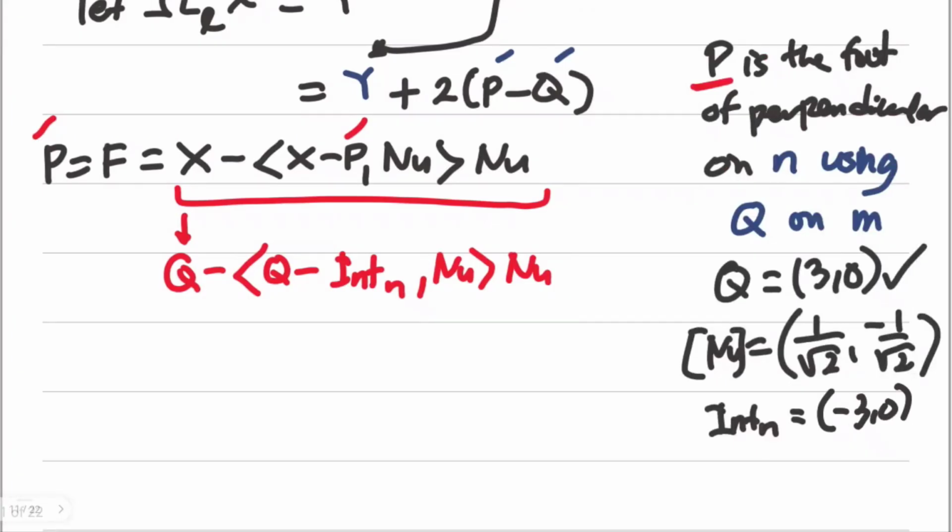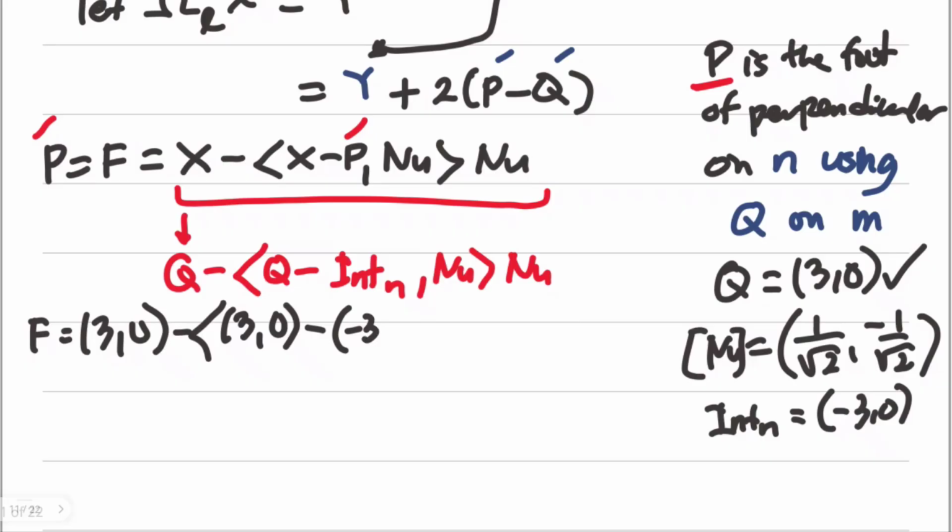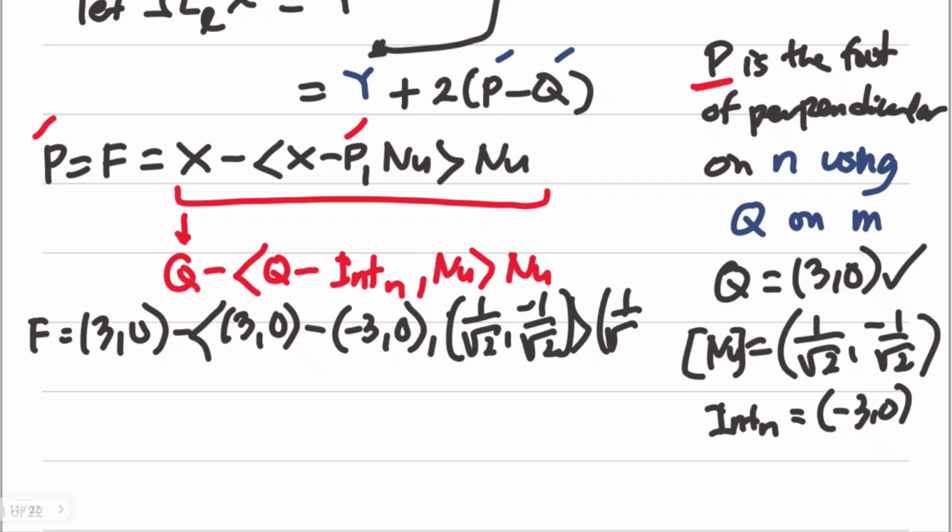Now that everything is already okay, let's solve for our foot. Our Q is at 3, 0, minus your intercept on your N, negative 3 and 0. We might see some good news here, as we might have zeros later on as we multiply this by our unit normal vector, which is 1 over square root of 2, negative 1 over square root of 2, times again the same unit normal vector.